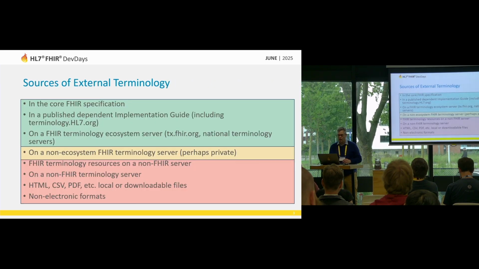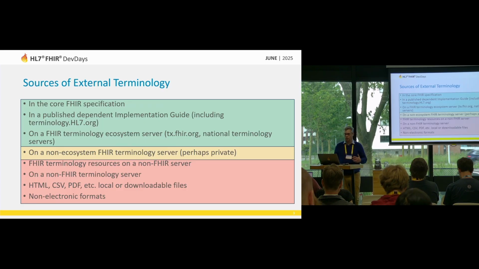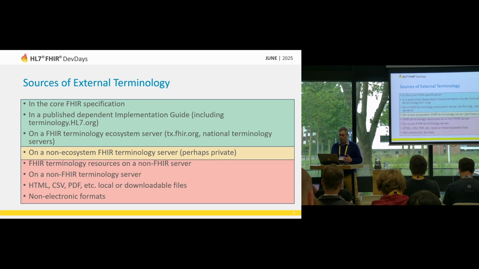Okay, so if you don't define your terminology in your implementation guide, where does it come from? The simplest source is using terminology defined directly in the FHIR base specification. No doubt you're already doing this, and you're probably not even thinking about it. You can use terminology published in an IG that your IG depends on.